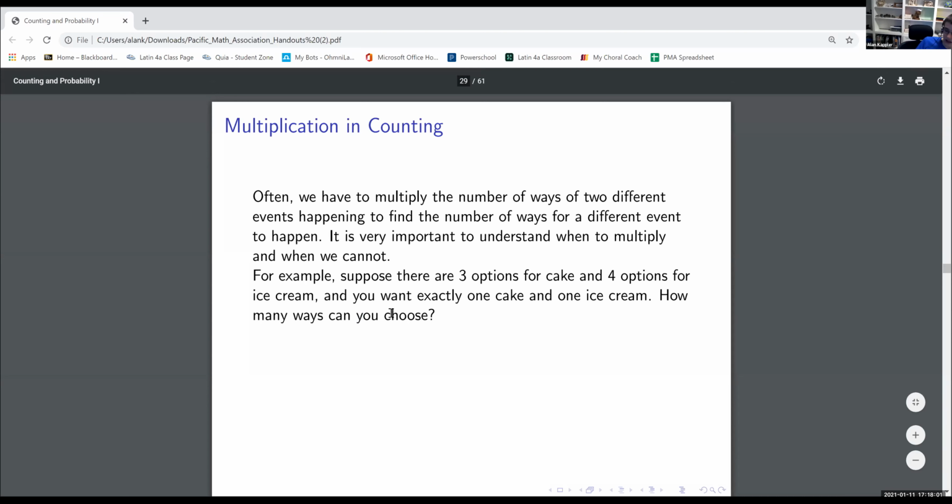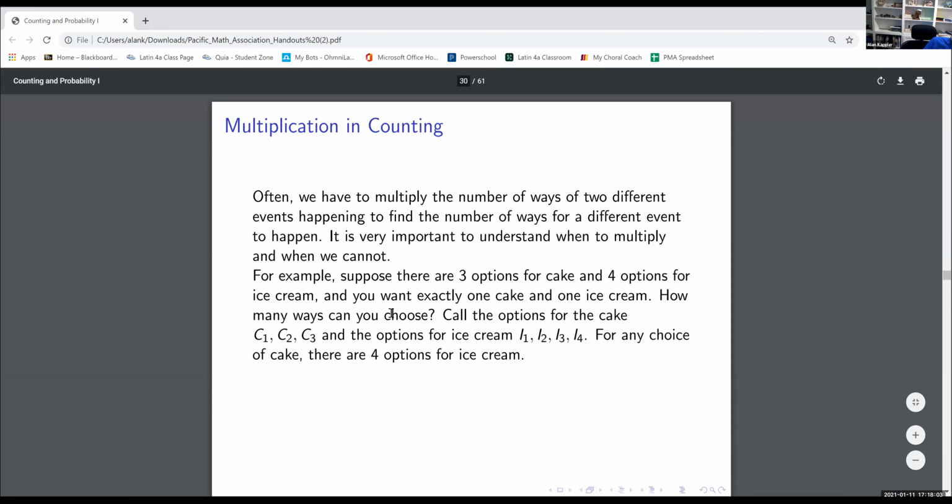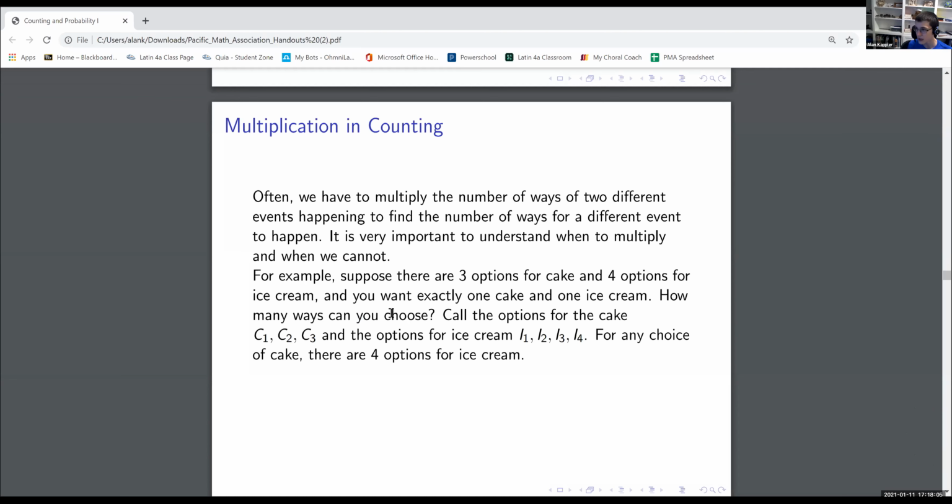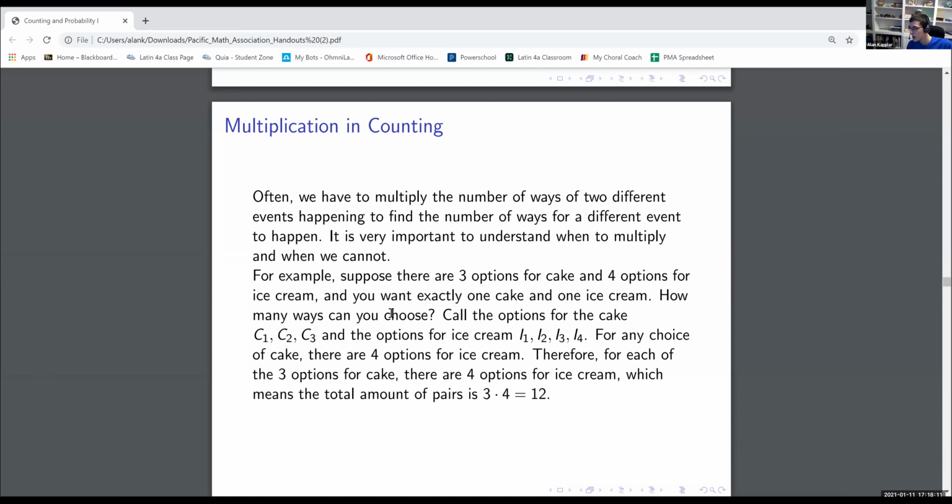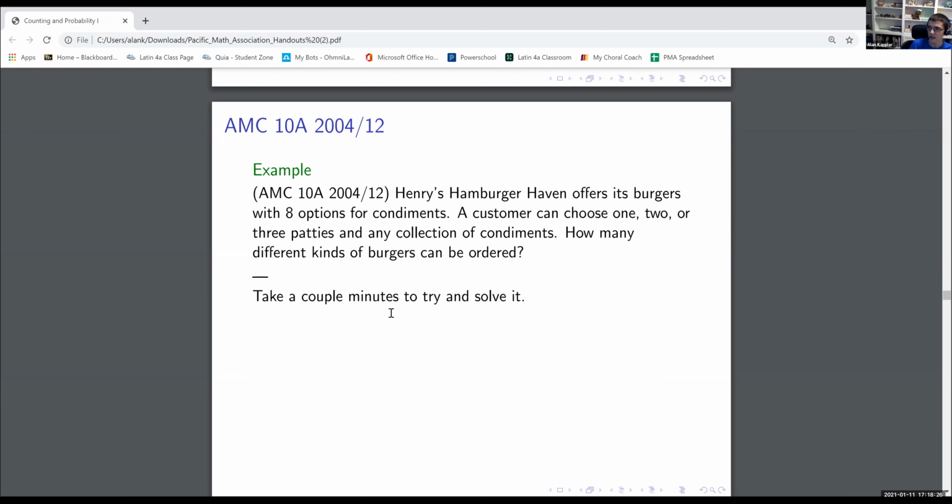So we can basically multiply 3 by 4, since for every option of cake, there are going to be 4 options for ice cream. And that means that there are 3 times that 4 appears, giving 3 times 4 equals 12.